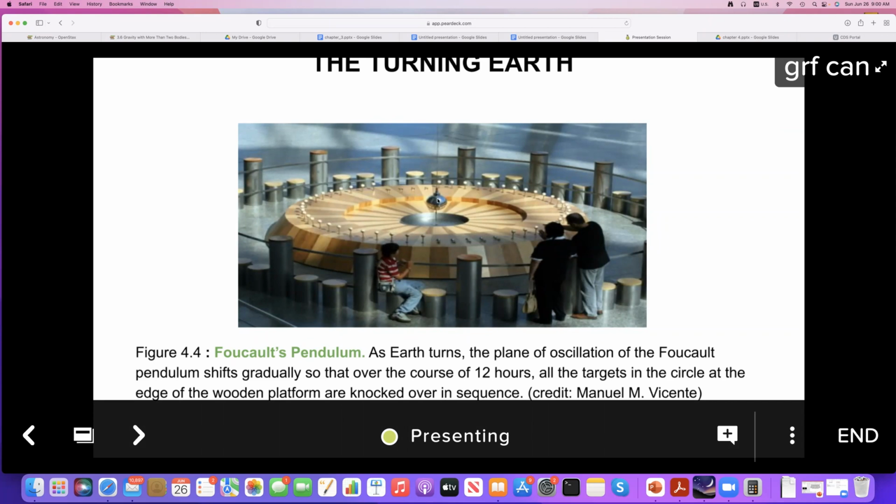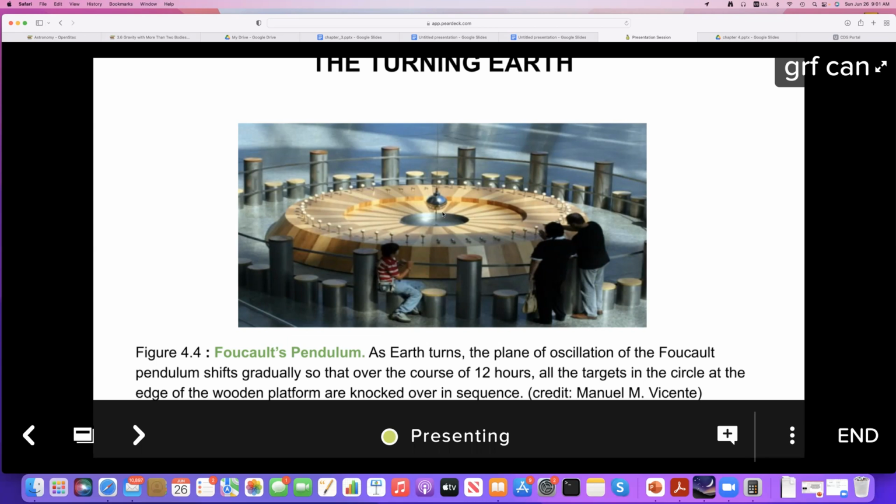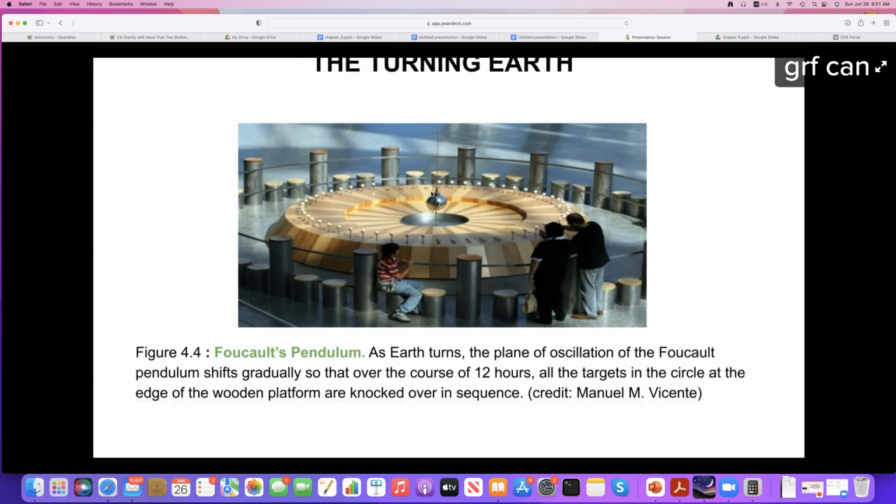So all these targets will be hit by this particular pendulum during the course of 12 hours, right? So that is the idea. If the Earth rotates, you should have these targets fall down like this or be hit by the pendulum. So this is just proof that the Earth rotates, right? Because the evidence that the Earth is rotating is important for us in astronomy.